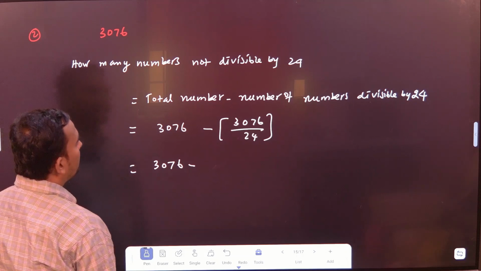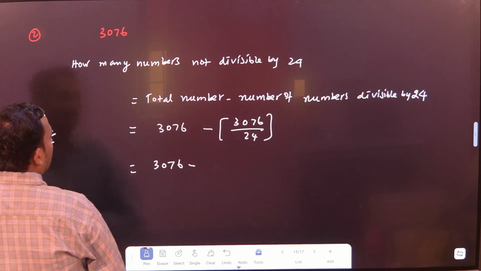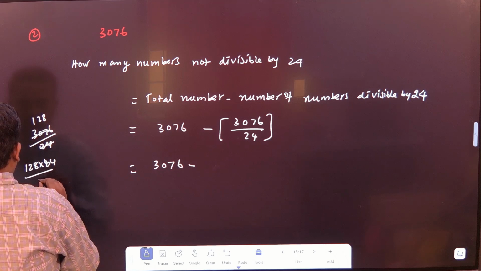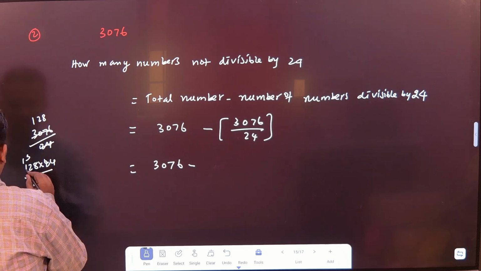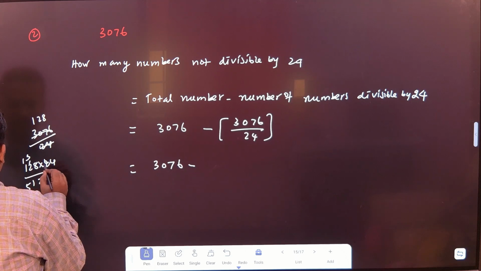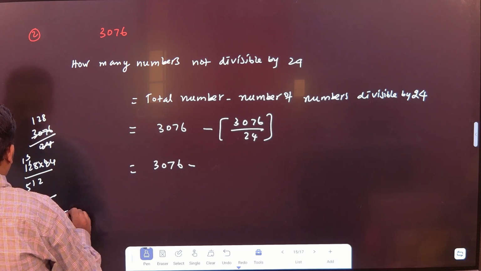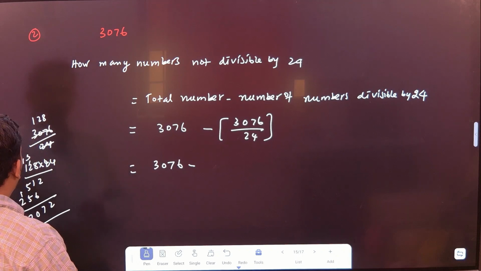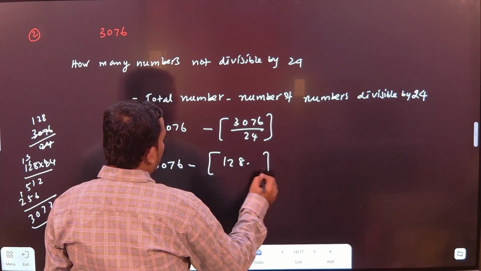How many times is it possible here? 128, right? 128 into 24, you can check it. 3072, right? Yes, 128 point something will come, right?